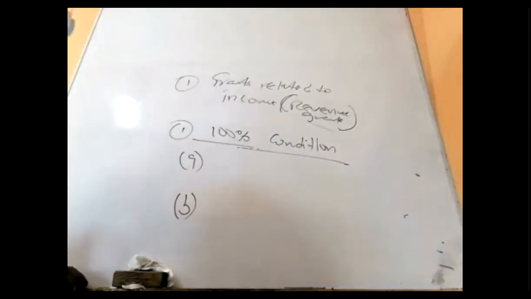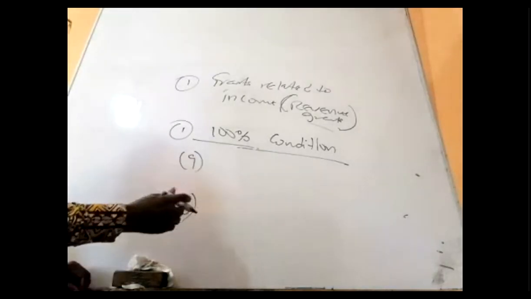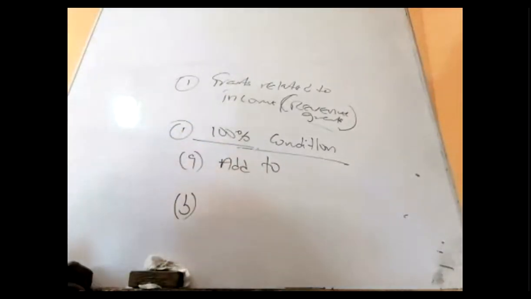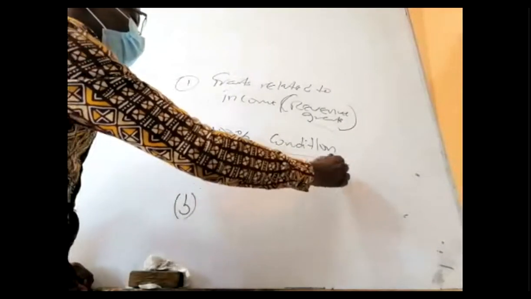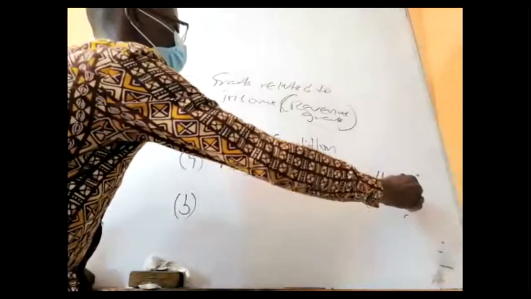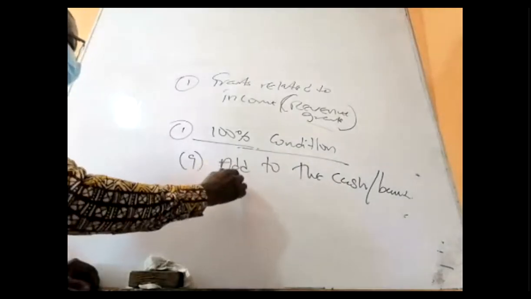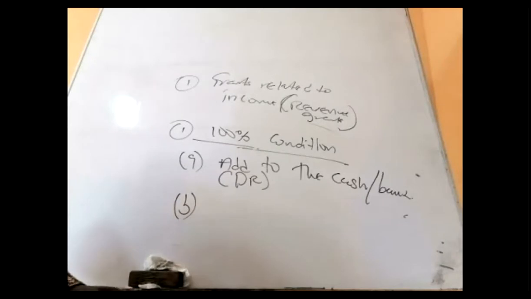First of all, if you have received the money, add the money to your cash, because now you can take credit of it. So add it to the cash or your bank balance, or cash book. That is the debit side. What if you have not received the money?